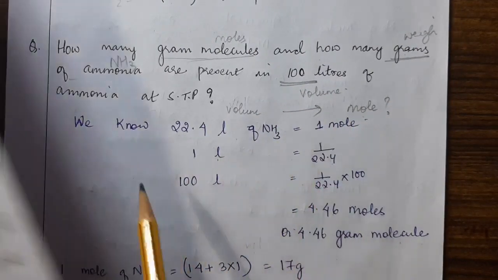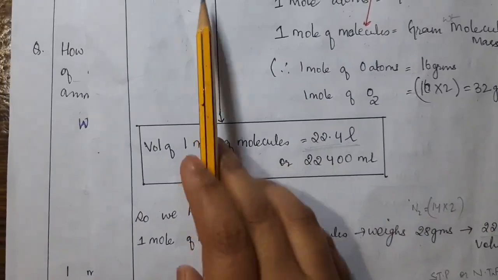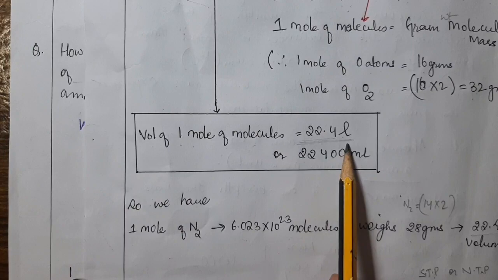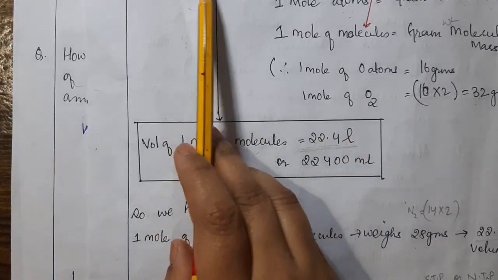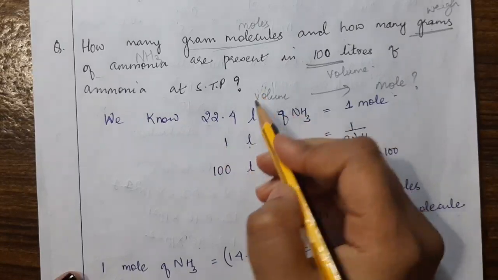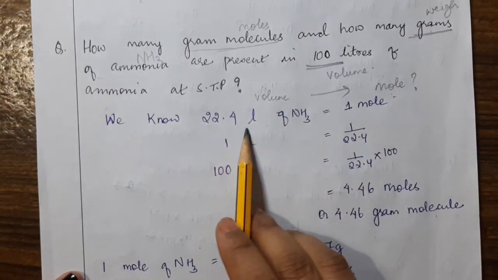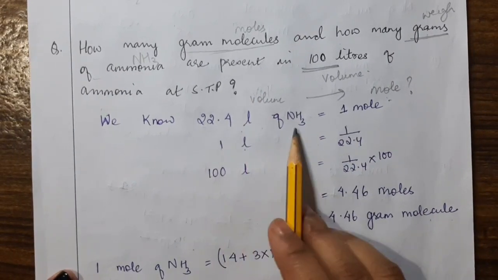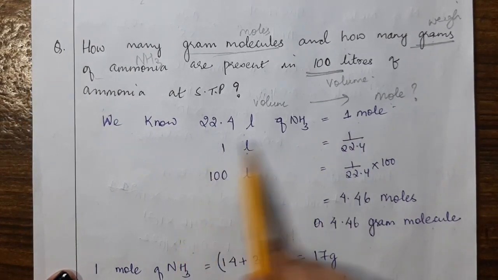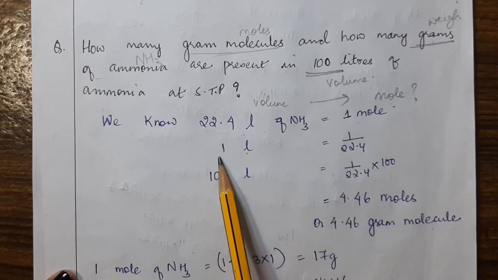You know very well from the relation between moles and volume that 22.4 liters of any gas, here ammonia, always contains 1 mole. Then we can follow the unitary method.